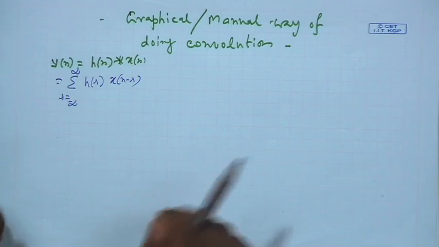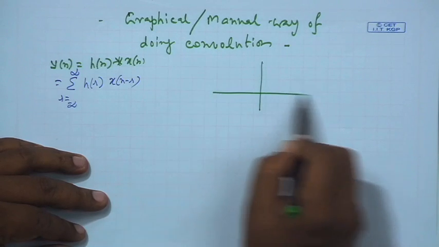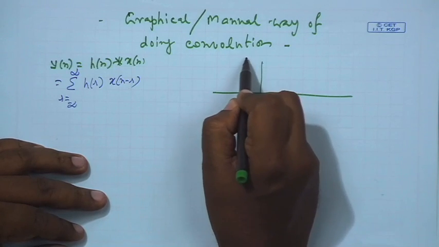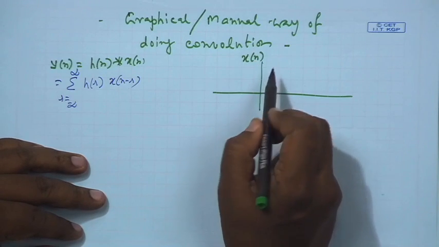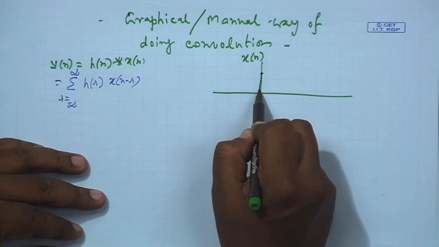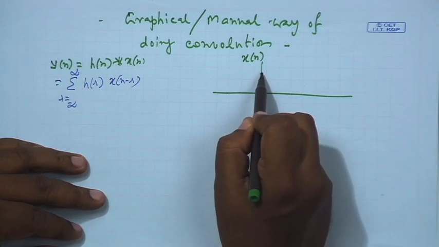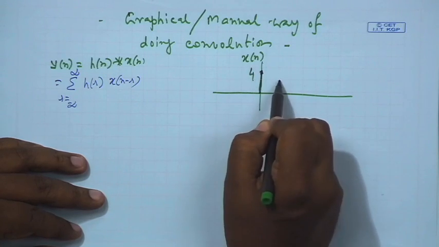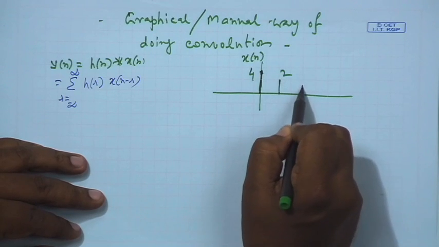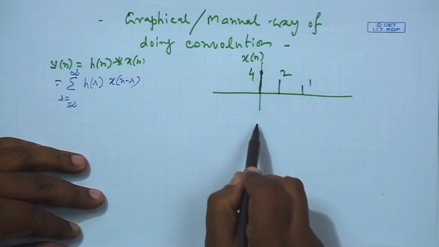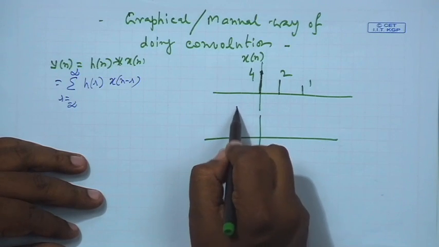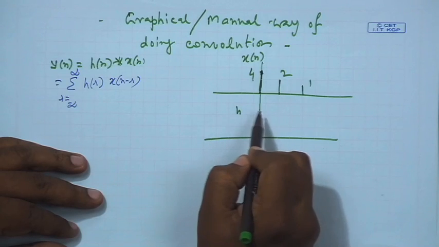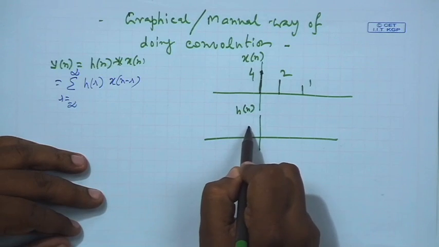Sometimes you can do it graphically very easily. Suppose you are given two sequences: x[n] as this, 4, 2, 1. And h[n] is given as a non-causal sequence.